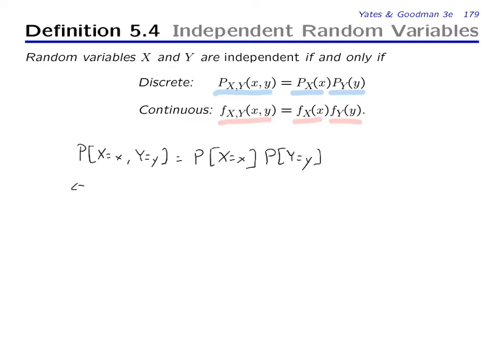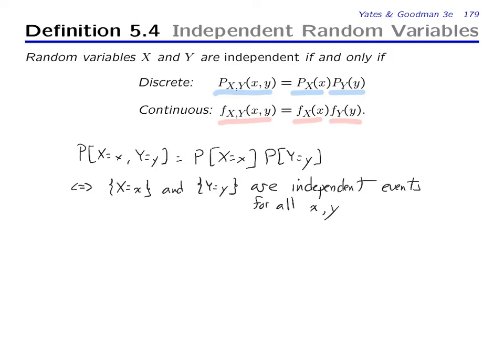And this is equivalent to the events x equals little x and y equals little y are independent events for all x and y. So learning what the value of x is gives you no clue about what the value of y is. It doesn't change your notion of what the probability of y is.